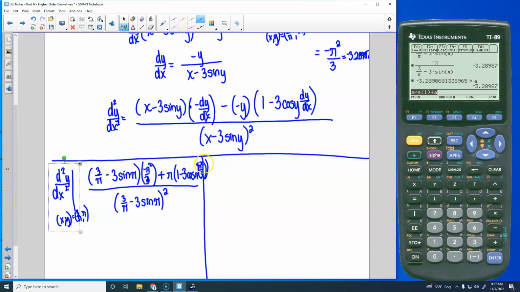It is the negative pi squared over 3, that derivative at that point.